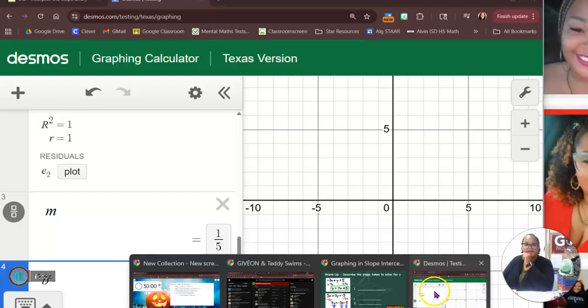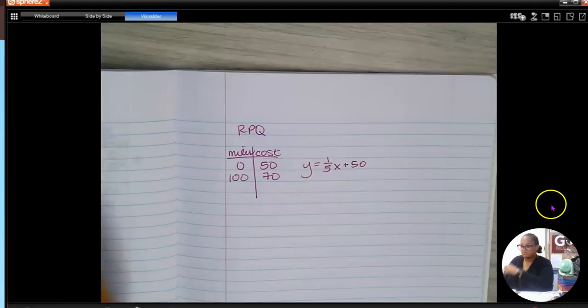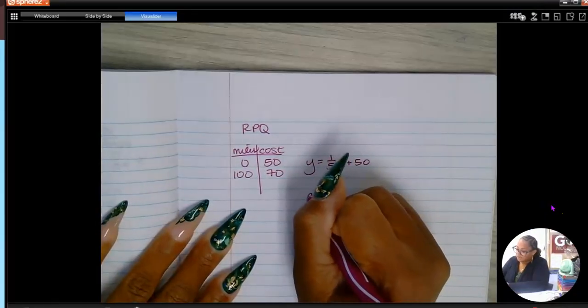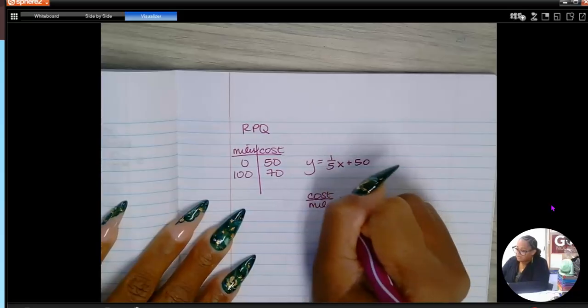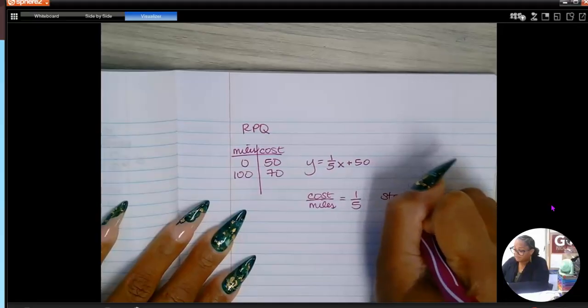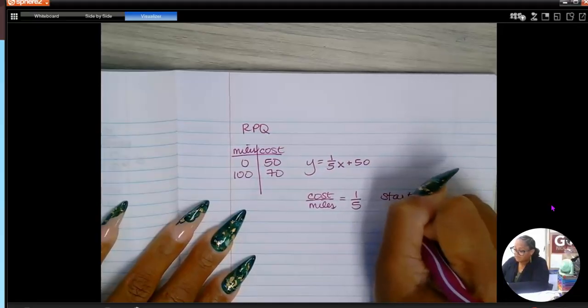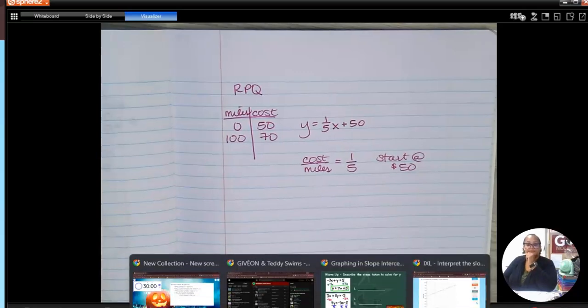Then I'm going to say $1 is for 5 miles, because I've got cost over miles. That's 1 over 5. And then I start at $50.